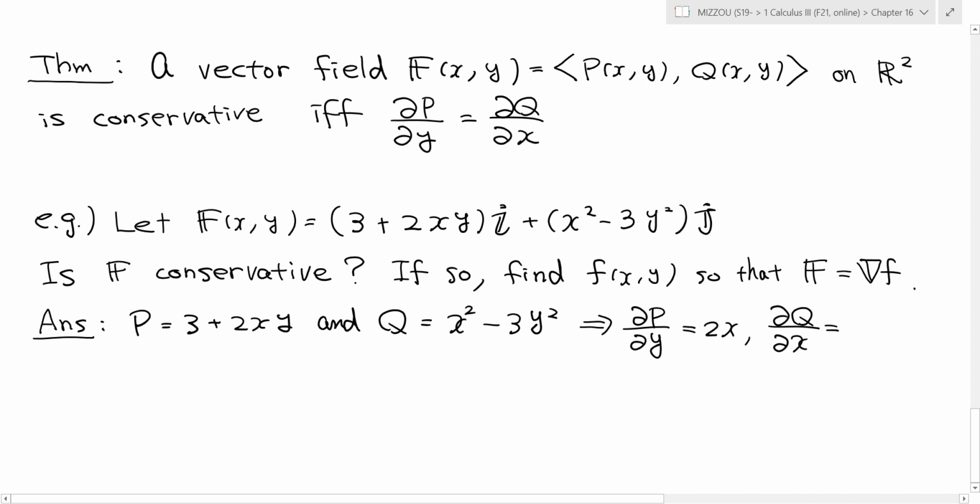And then in this case, you get 2x. All right, so therefore, those are equal. Partial P partial y is partial Q partial x. So this implies that F is conservative.